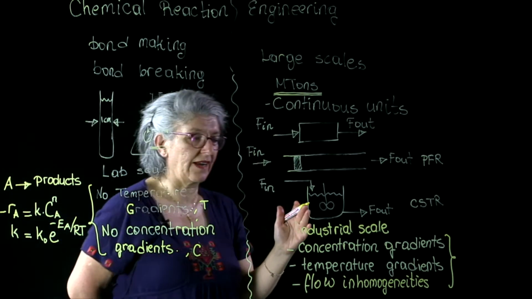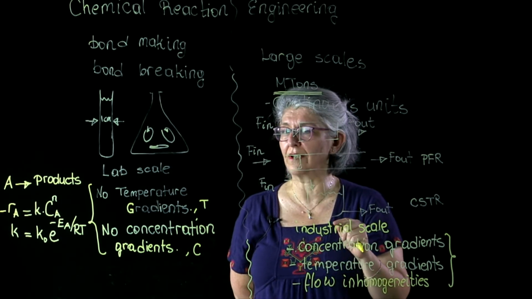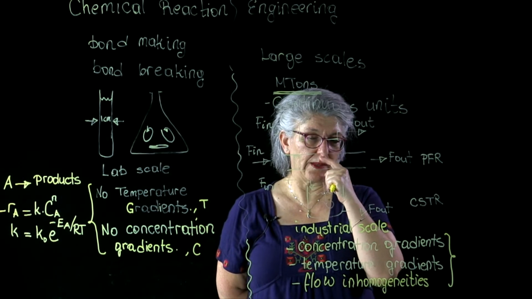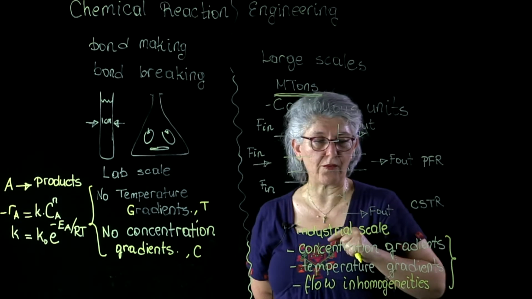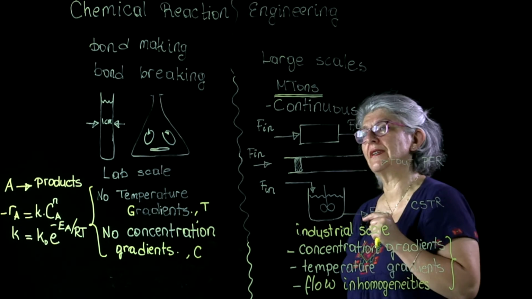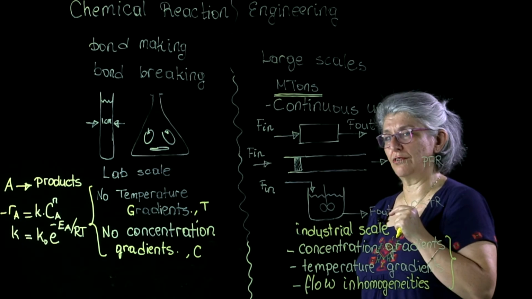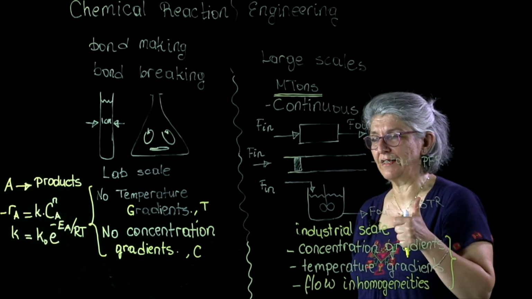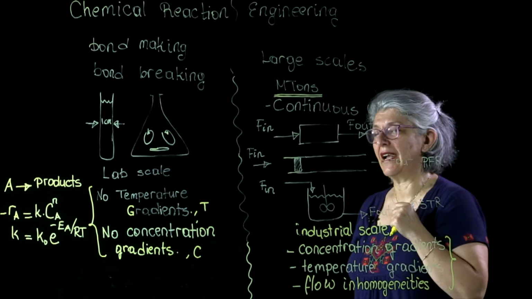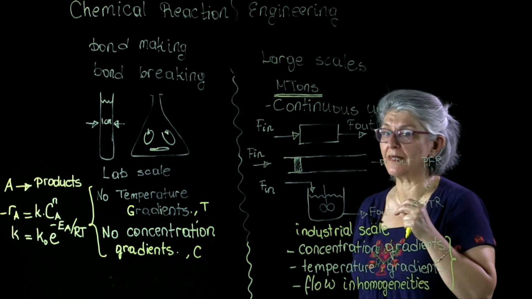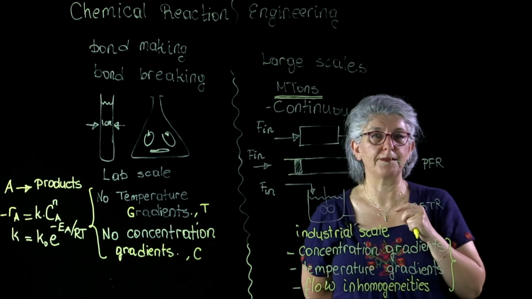In the industrial scale, we have to deal with those gradients, and in this course, our learning progress will evolve where we are going to remove assumptions one by one from the conservation equations and solve processes and design equations in order to, number one, size the reactors, number two, operate those reactors under such conditions that we have highest selectivity and perhaps highest activity. Okay, so let me take a break.